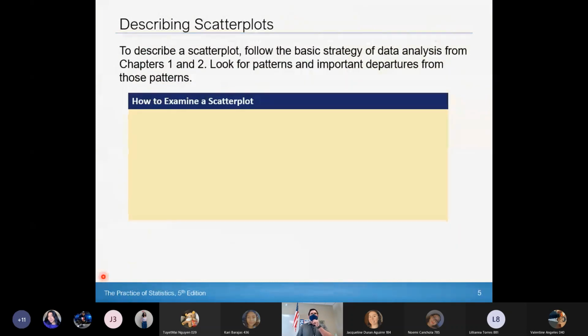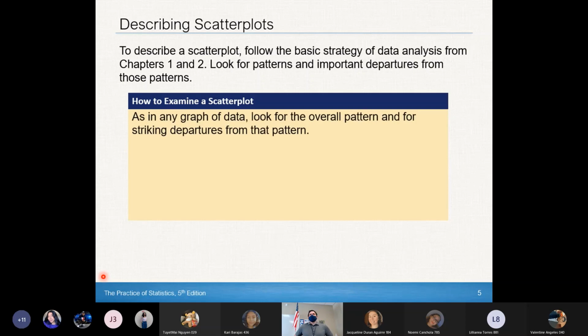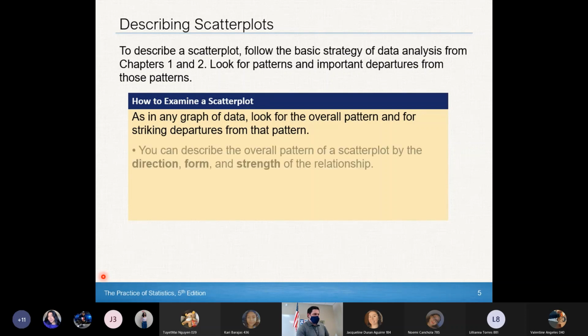To describe a scatter plot, we're going to follow the basic strategy of data analysis from chapters 1 and 2. Look for patterns and important departures from those patterns. When you're examining a scatter plot, as in any graph of data, look for the overall pattern and for striking departures from that pattern.